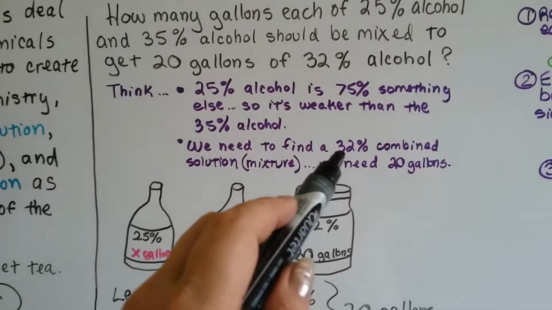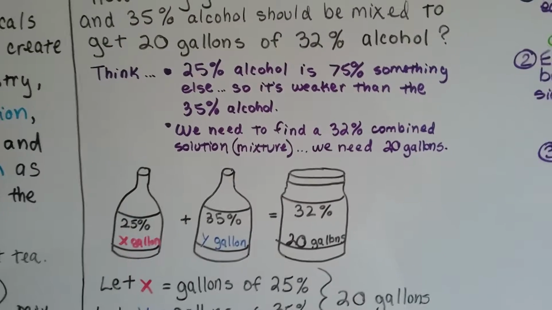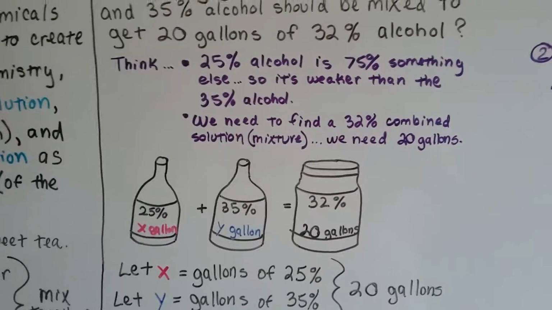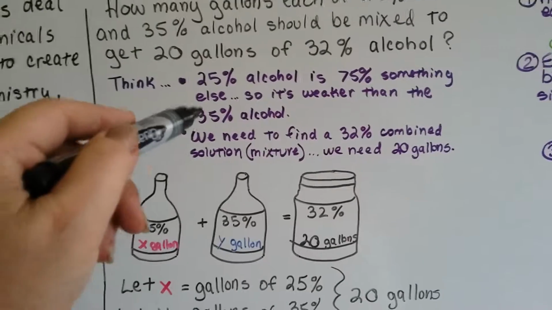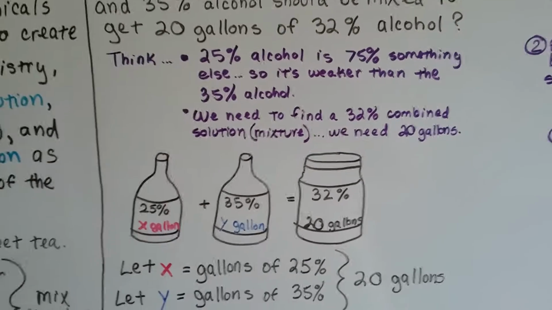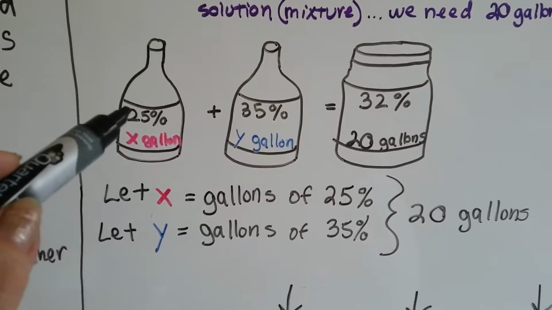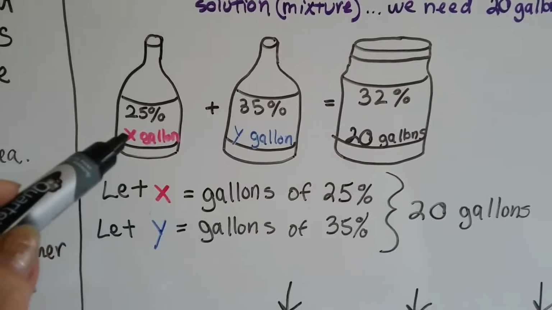So the 32% one is going to be stronger than this one, but weaker than that one, right? Not quite in the middle. It's closer to the 35. It's just a few percentages weaker than the 35, isn't it? So here are our bottles. We've got 25% alcohol, but we don't know how many gallons.